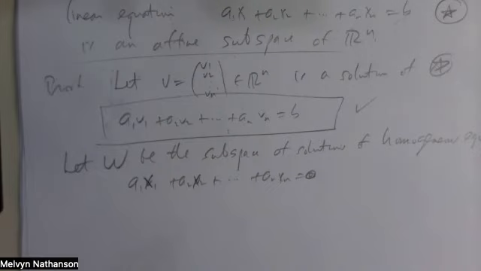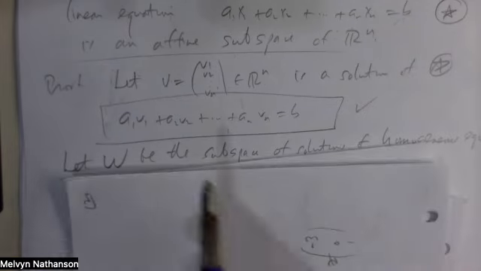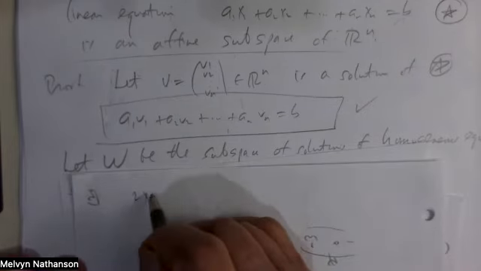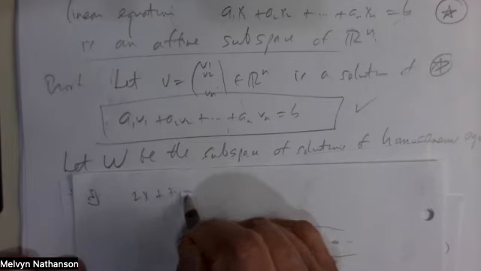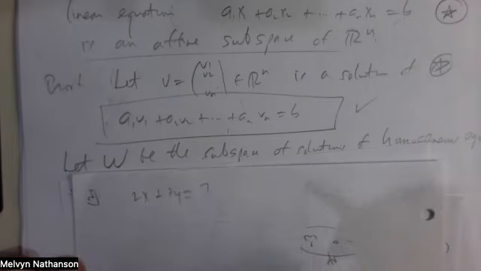Can we do an example of inhomogeneous? Oh, well, we've seen lots of examples. Here's an example: 2x plus 3y equals 7.